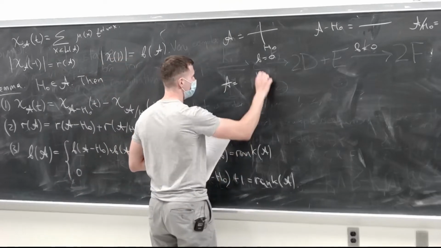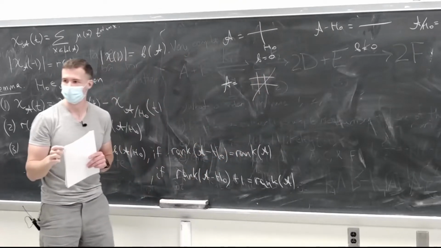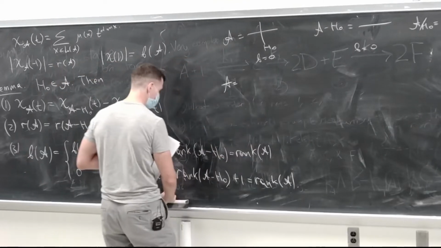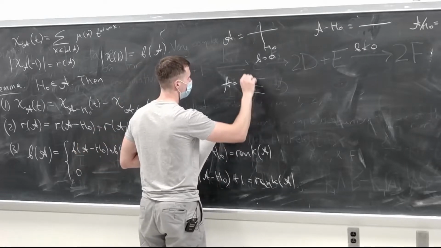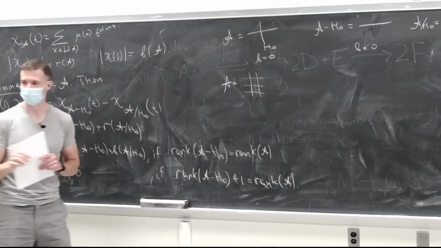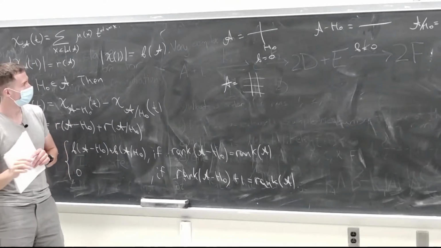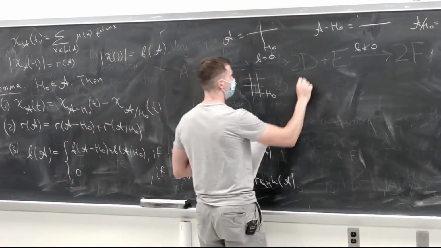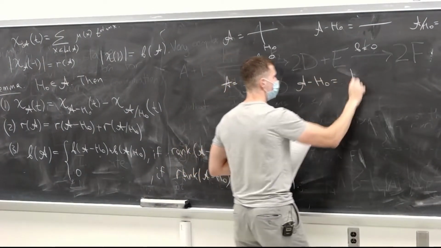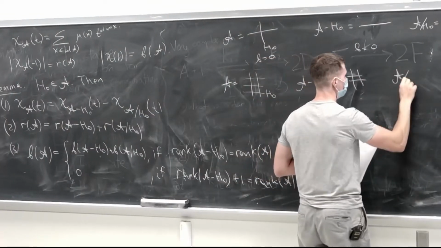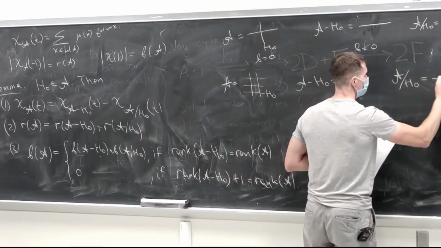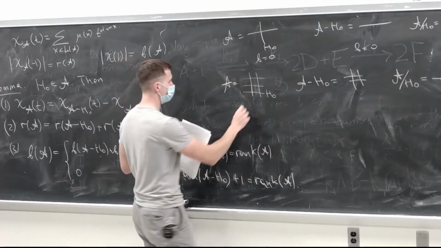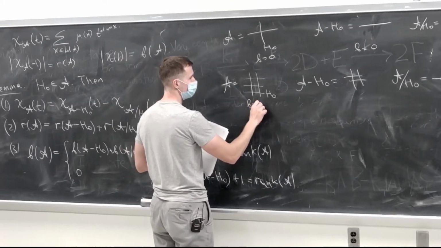Oh, you want me to take another parallel line, so you want me to take 2 by 3. And what is H0? The bottom horizontal line. Okay, so if I delete, I get this. If I contract, I get this. What is the number of bounded regions? 2.